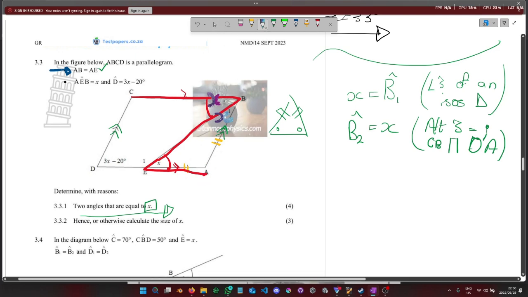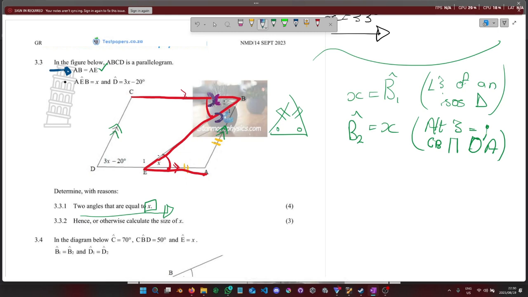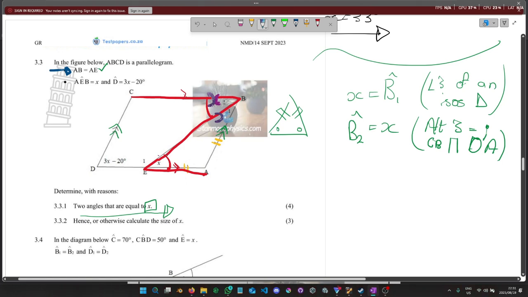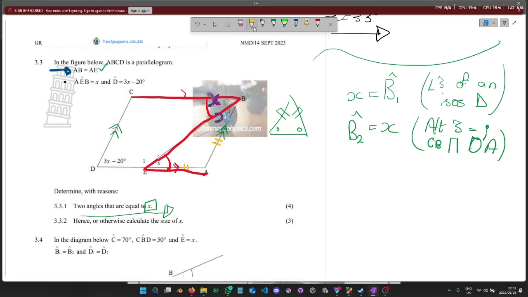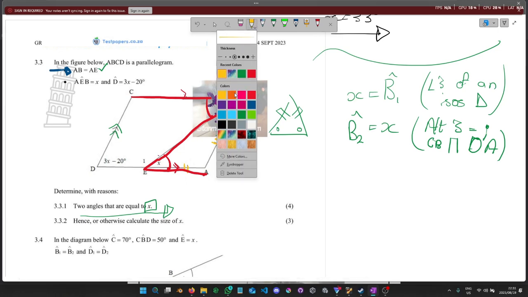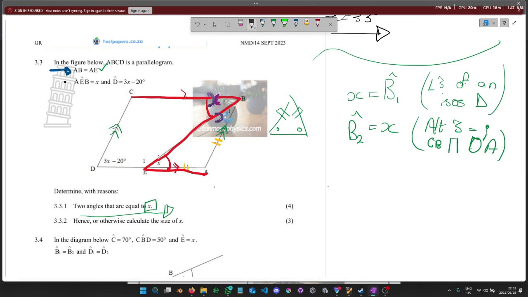But if we have E1, we can use straight line, but we don't have E1, right? But they do give us that this is a parallelogram, right?